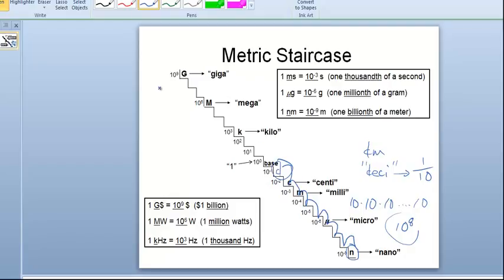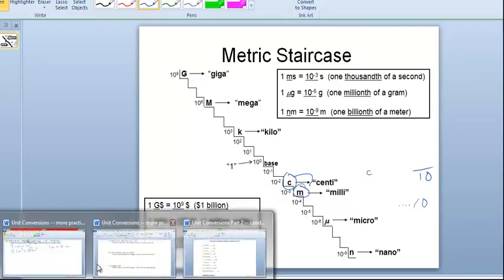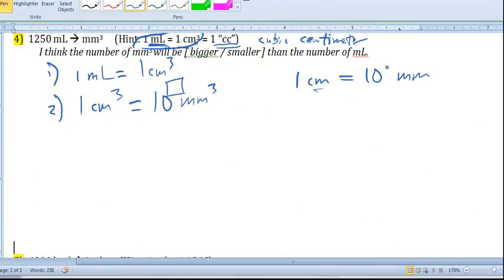Well, you guys probably know this just from experience, that it takes 10 millimeters to fill a centimeter, right? So, here you have centimeter, here you have millimeter. They're separated just by 1 step, so that's 1 factor of 10, okay? So, it's the first power, 1 centimeter equals 10 millimeters.